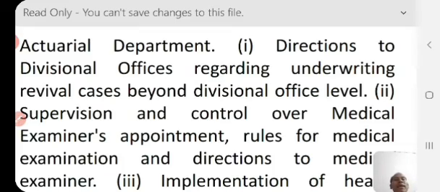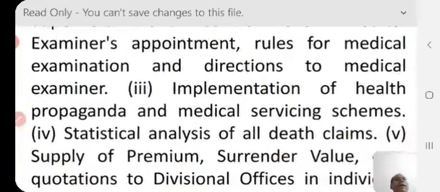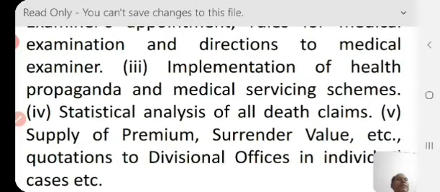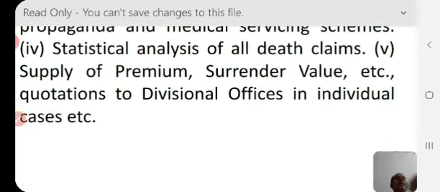Rules for medical examination and directions to the medical examiner. Implementation of health propaganda and medical servicing schemes, statistical analysis of all the death claims.